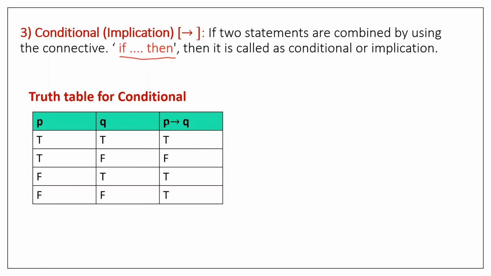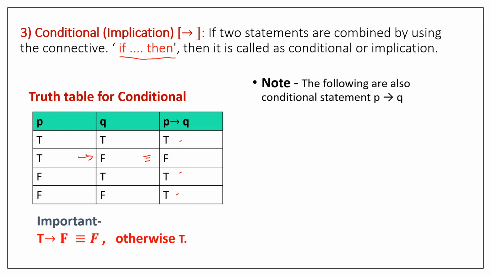This is P implies Q. Again, we take P as T, T, F, F and Q as T, F, T, F. In conditional, only T implies F is F. Otherwise, it is true. So how to remember? Only T implies F is F, otherwise it is true.